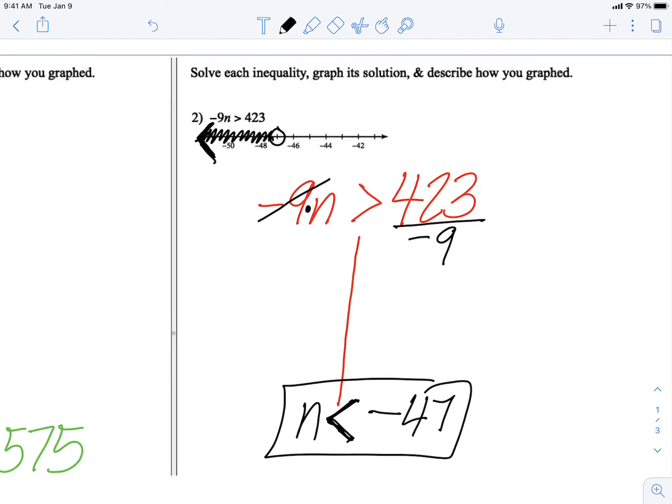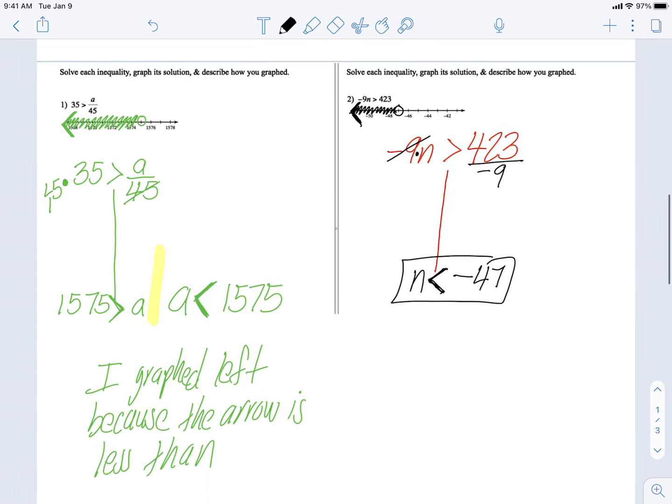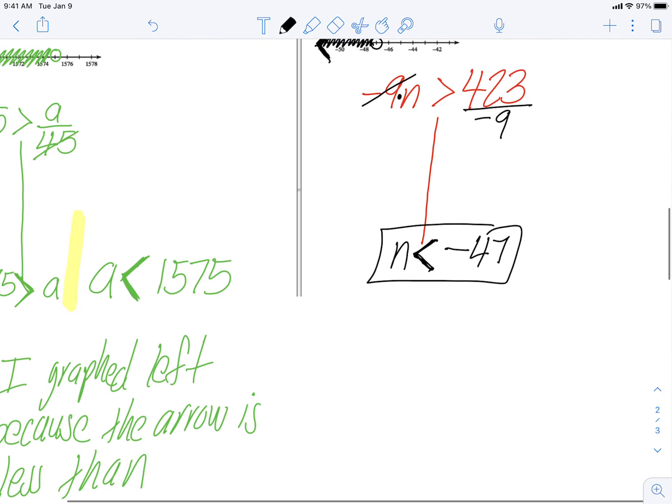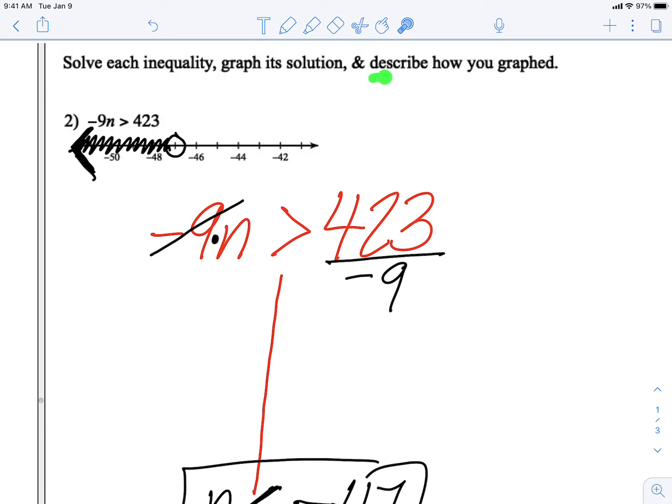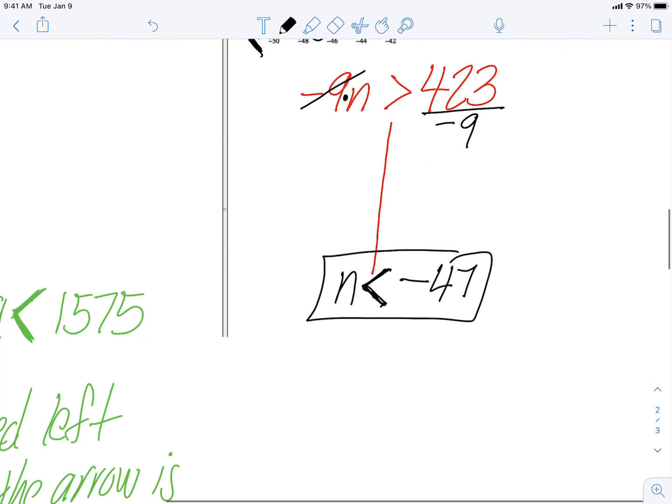So these are the kind of problems you're going to see in your worksheet. Look at this. Again, look at me. I forgot to describe how you graphed. So let's see, how would I write that?